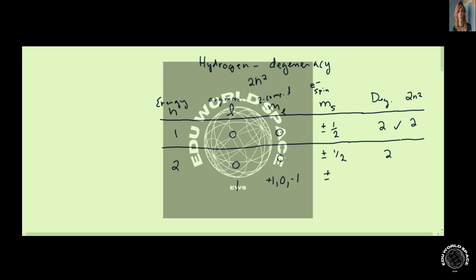So there are 3 states, each of which has 2 spin states. So that's 6, and our degeneracy total is 8. 2n squared is 8, so that's looking good. And we'll keep on going.